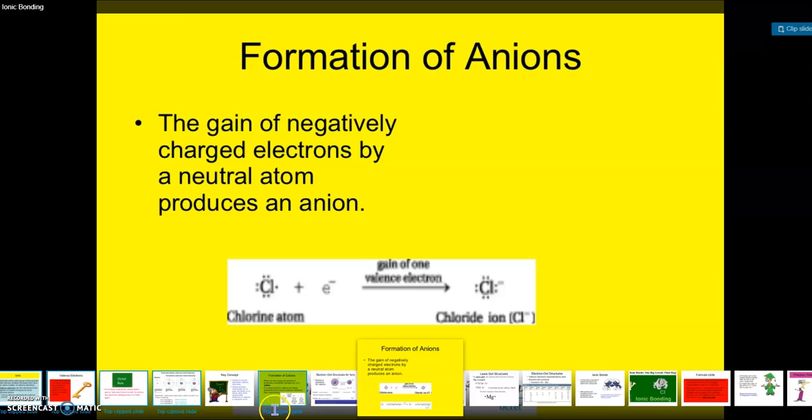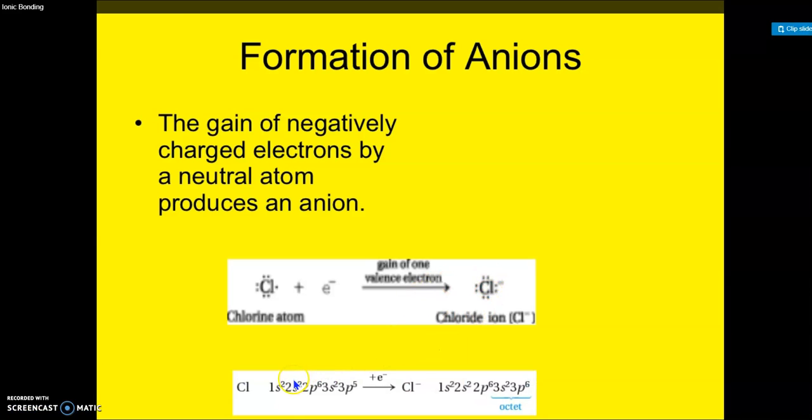Cl-. Here the electronic configuration of chlorine is 1s2, 2s2, 2p6, 3s2, 3p5. After the gain of 1 electron, this turns into 1s2, 2s2, 2p6, 3s2, 3p6. The valence shell carries 5 plus 2, that is 7 electrons.